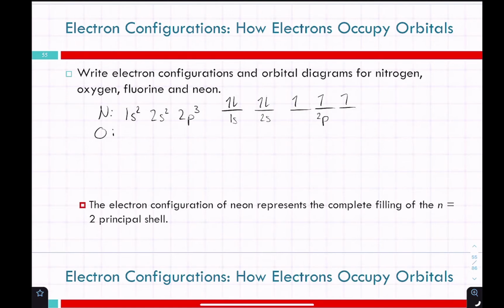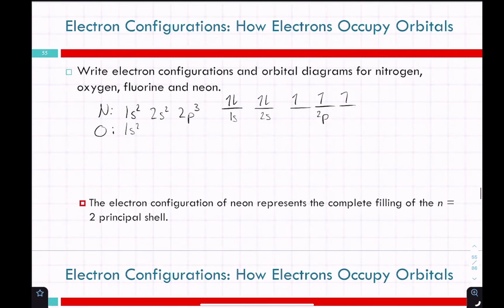So for oxygen then, like I said, every element on the periodic table has the same electron configuration as everything before it, plus 1 more electron. So oxygen is also going to have 1s2, 2s2, and then 2p, but it's going to be 4.